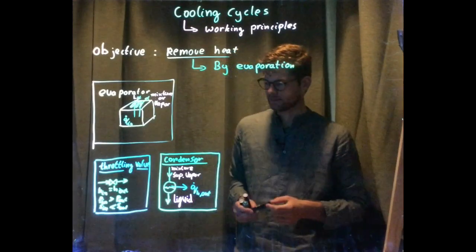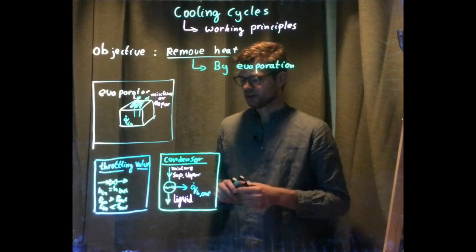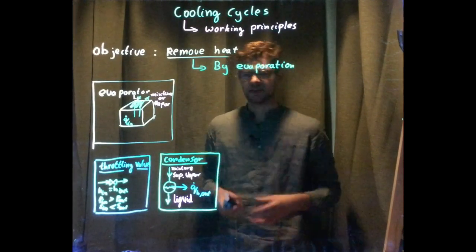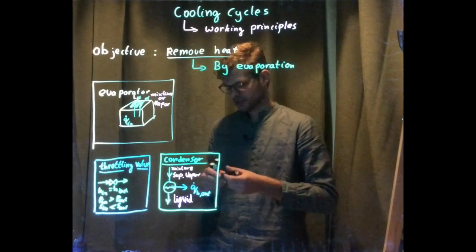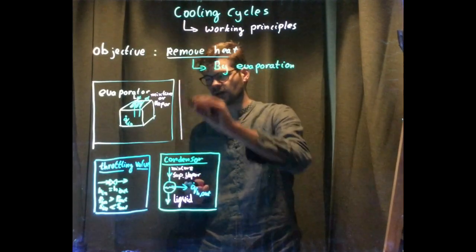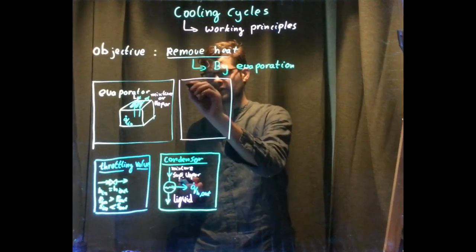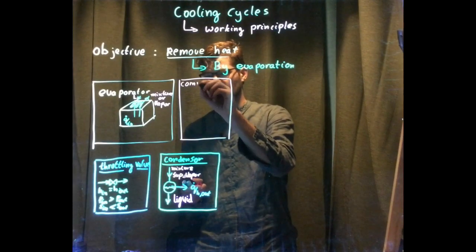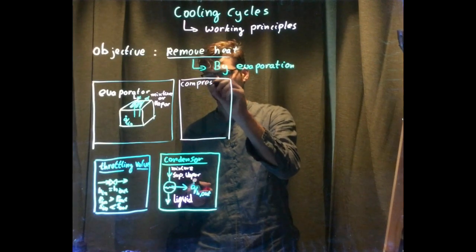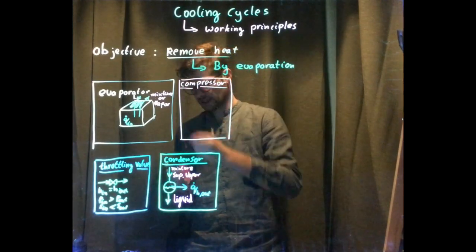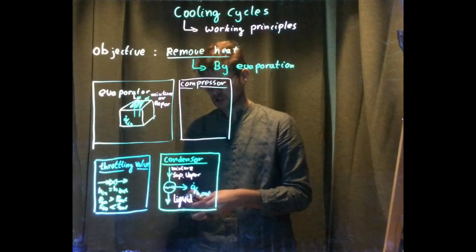And in the last stage, to keep everything going and to make condensing a little more efficient, a compressor will be used. So I'm going to draw this as well. So the compressor, which looks like this.